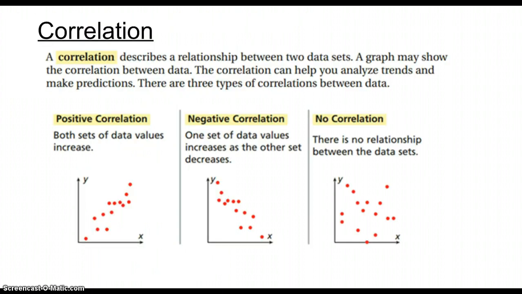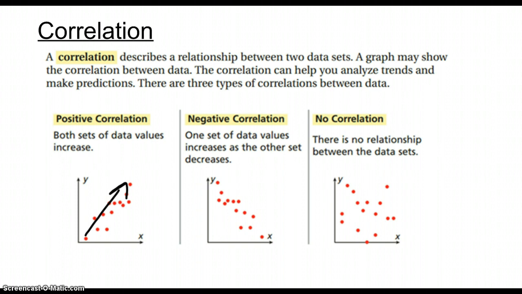And a couple things we can discuss about scatter plots are correlation and trend lines. And I want to start off with correlation. A correlation just describes the relationship between the data sets. So you can see on the left that a positive correlation happens when your x variable and your y variable increase at the same time. So it goes up like that.